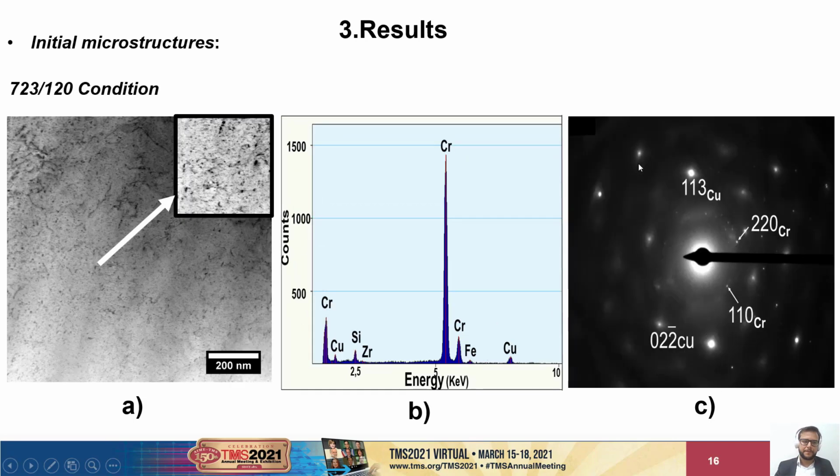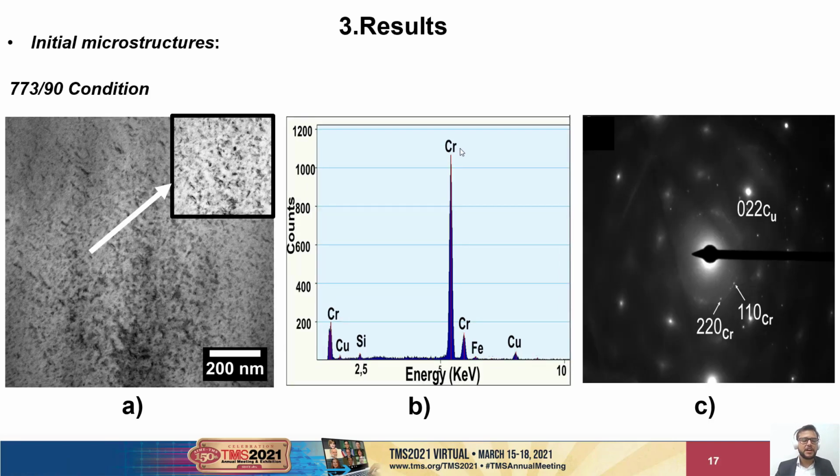And for the alloy after the heat treatment in the 723 condition, we also noted the presence of chromium precipitates. Here they are precipitates, not particles as before. And after the second heat treatment, in the 773 condition, we also noted the presence of chromium precipitates.